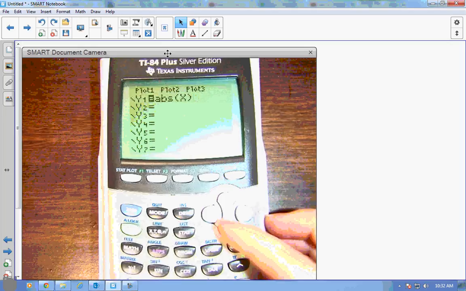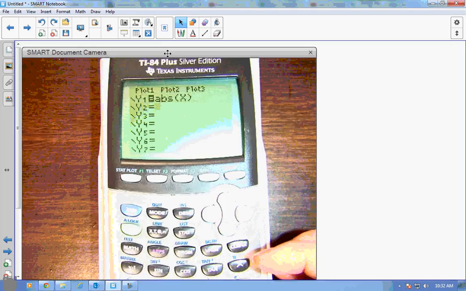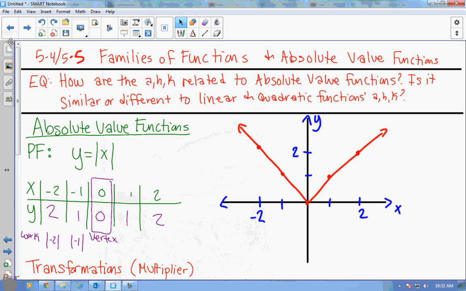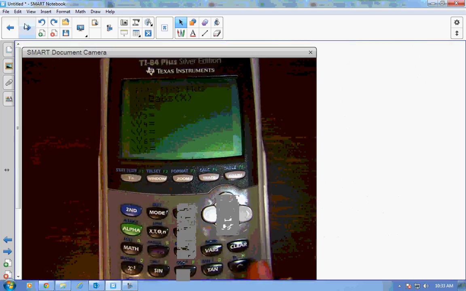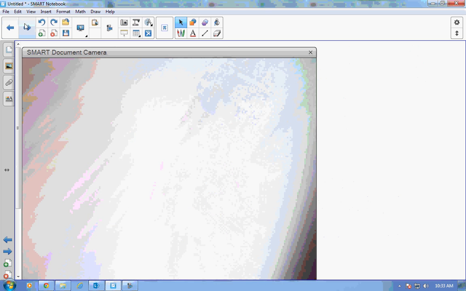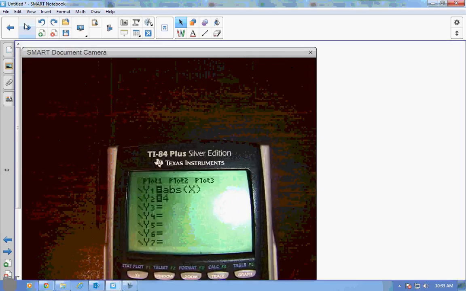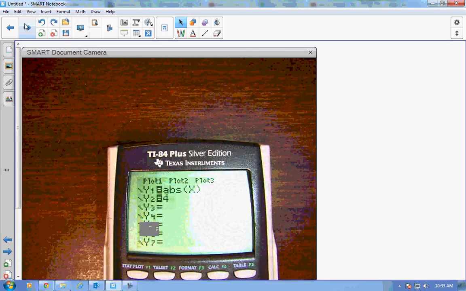Now I'm going to arrow down to y2 because I'm going to put our new function in. Our new function was absolute value x minus 2 plus 5. So let's type in the 4. Okay, 4, absolute value.